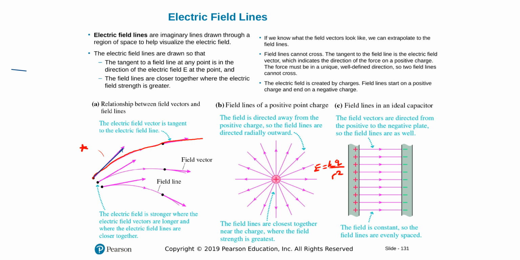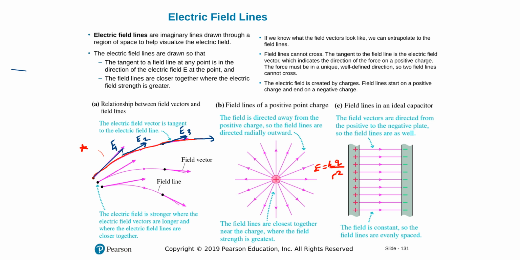I can draw one more here. Tangent, another one, already drawn, and so on and so forth. So that would be the electric field direction along the electric field line, always tangent, and it will change. I'm going to call them E1, E2, E3.